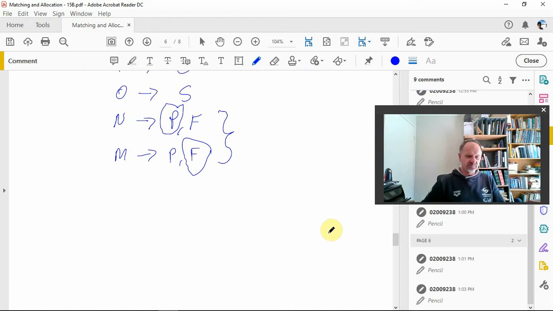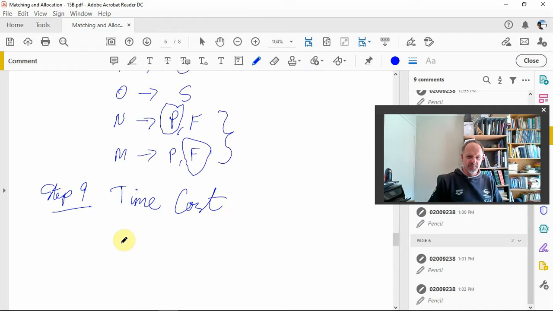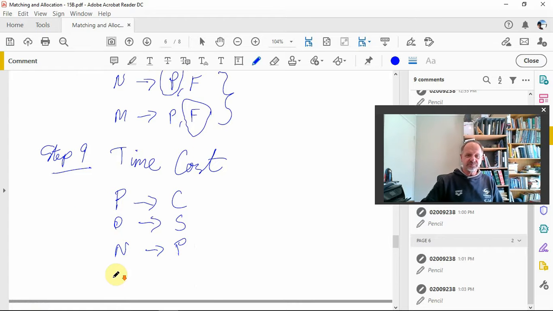All right. So now we need to know step 9. We need to know the costs, or in this case it's the time cost. So Penny with the cutter, Orianthe is the sprayer. I said I'm going to allocate Neil to the press, and we're going to allocate Mark to the folder. So now we need to go way back to the start and find out how much time.